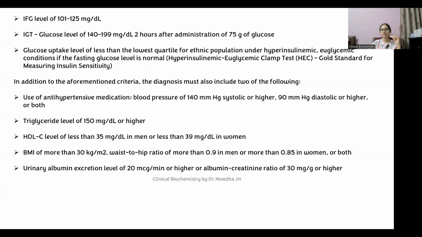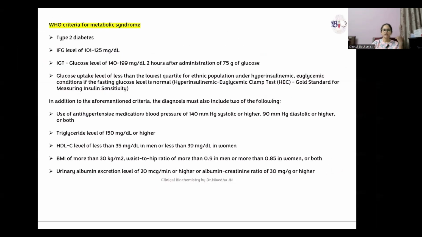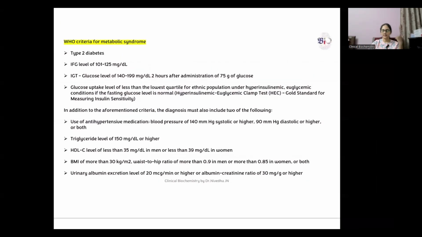So this reflects the endothelial dysfunction also. So this is what is about the WHO criteria.